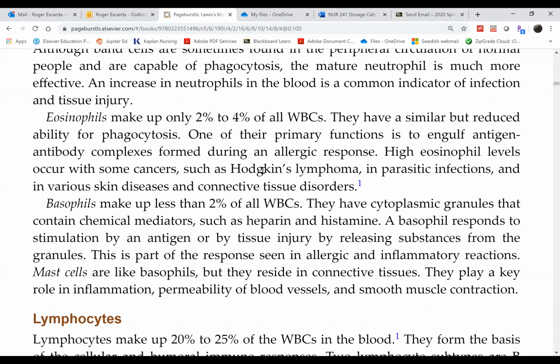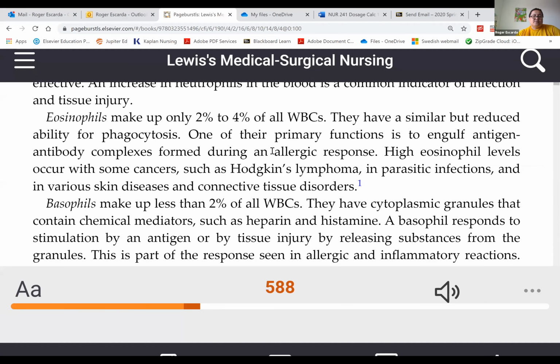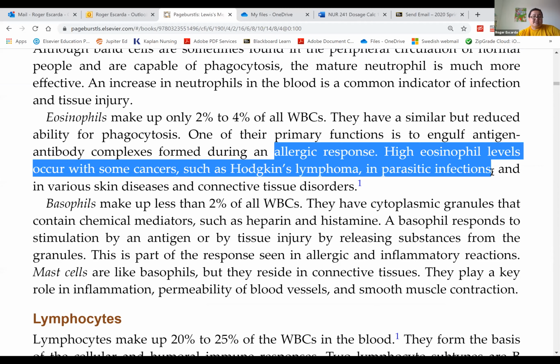Whereas eos, when will the eos number increase? In what type of condition? We have here allergic, or also in parasitic infections.